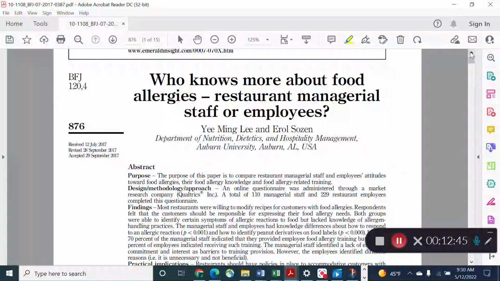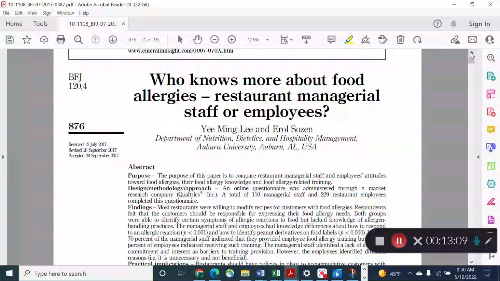But there, you can see very clearly this study is delimited to food allergies, knowledge of food allergies. How do people in the restaurant tell restaurateurs about their food allergies? Those types of things. And then the participants here are delimited to restaurant managers or restaurant employees.